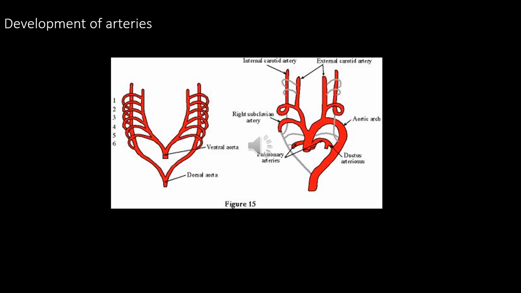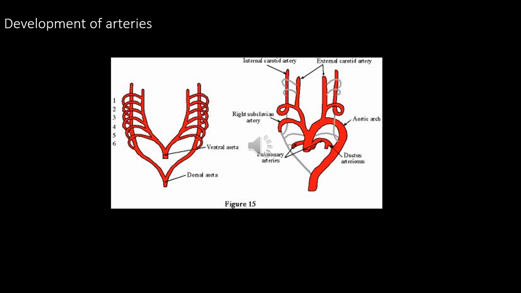If there is a dorsal aorta, then there should be a ventral aorta as well. Now, where is this ventral aorta? We have seen the primitive heart tube. The cranial most structure was truncus arteriosus, with its two blood vessels coming up from truncus arteriosus.